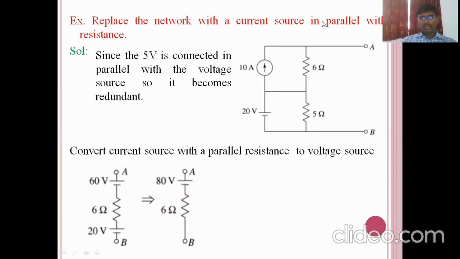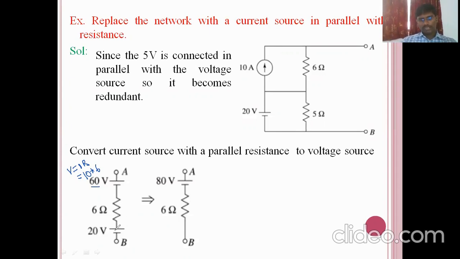So V is equal to I into R, which is 10 into 6, equal to 60 volts. And the 6 ohm becomes in series with the voltage source: 60 volts in series with 6 ohm.